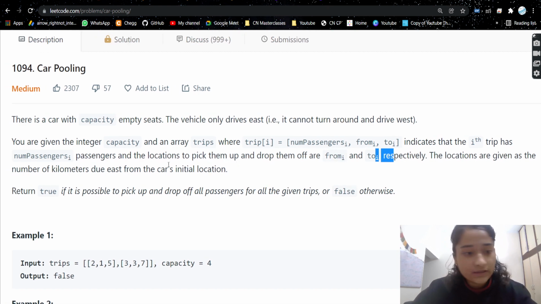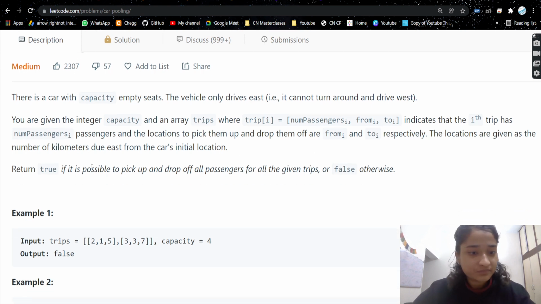The locations are given as the number of kilometers due east from the car's initial location. Return true if it is possible to pick up and drop off all passengers for all given trips, or false otherwise.